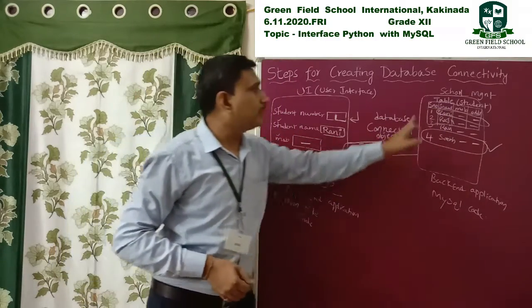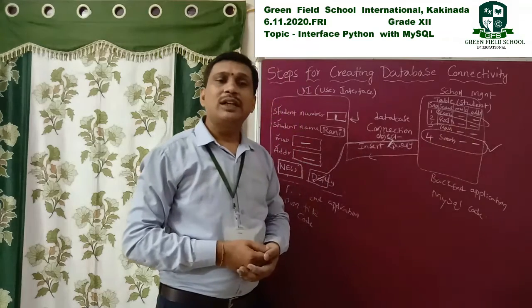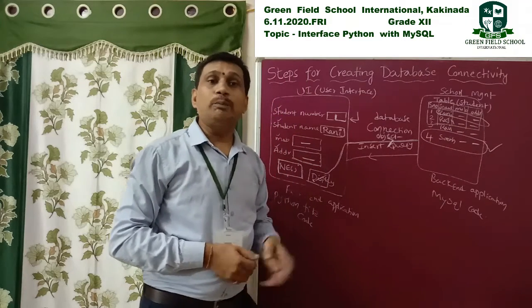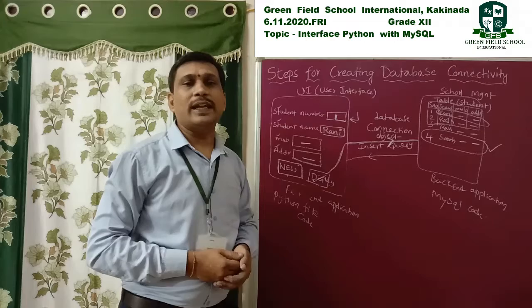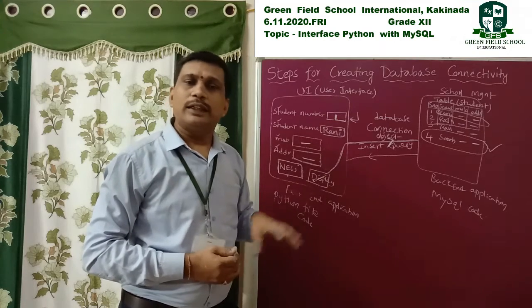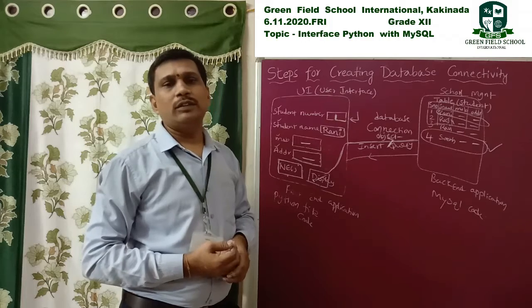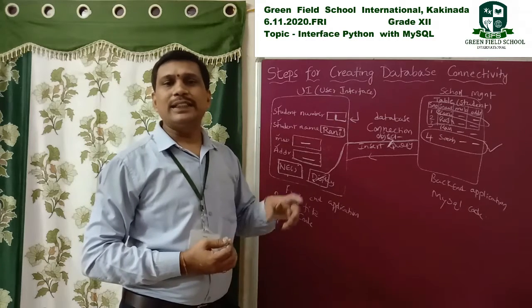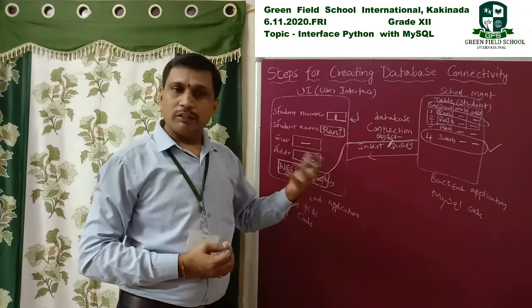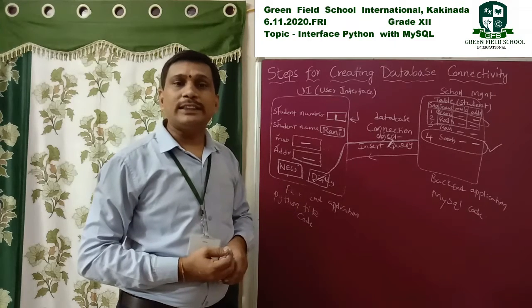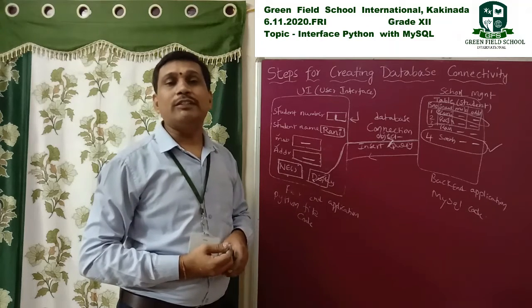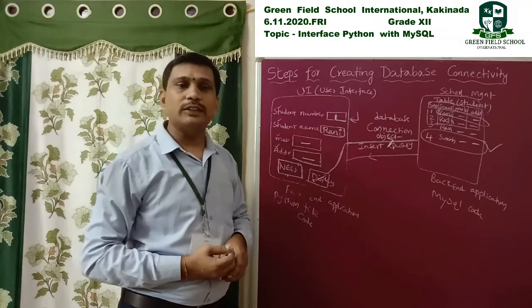This row is fetched from the database table and placed temporarily in the cursor object. From that cursor object, we extract a single row by using the fetchone method.